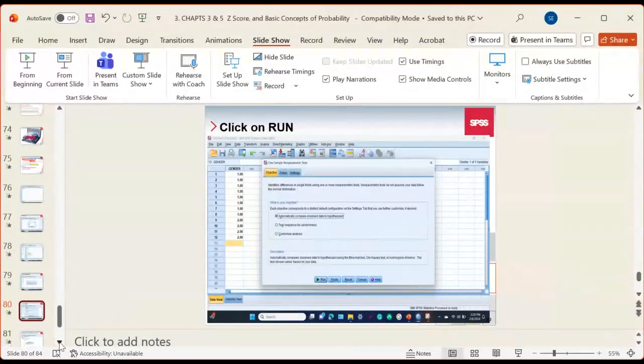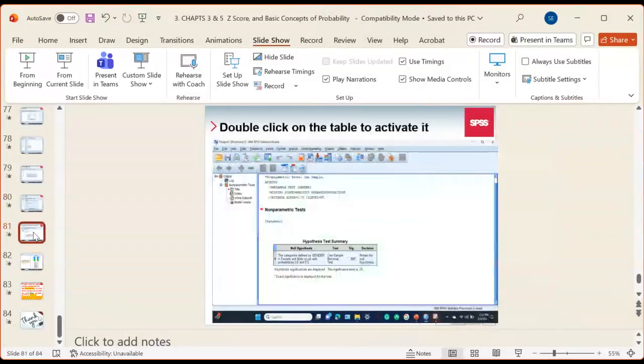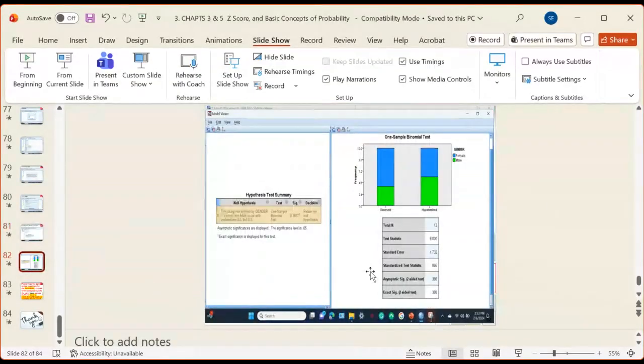Then you will have something like this. If you double click on it, it opens up to something like this. And again, we'll talk more about this next time.